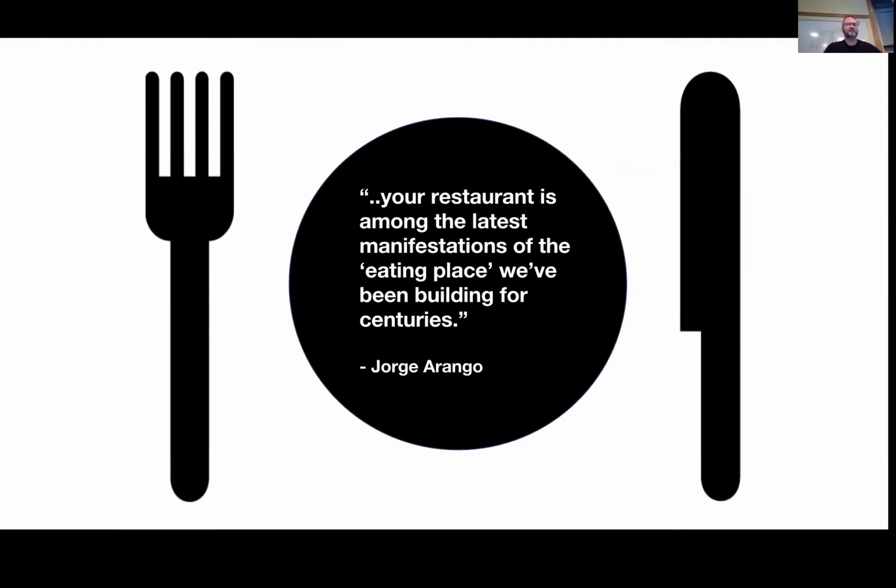Jorge Arango, who is an information architect, notes that your restaurant is among the latest manifestations of the eating place that we've been building for centuries, and that there is a relationship among the elements that we understand, and that it's the relationship that we are looking for as much as the elements themselves, which in the case of dining, we all know what this means, right?